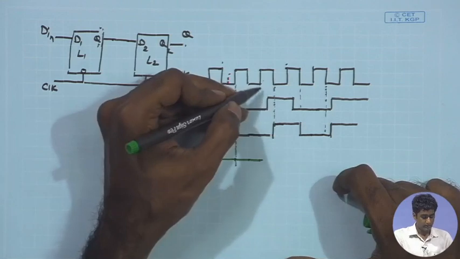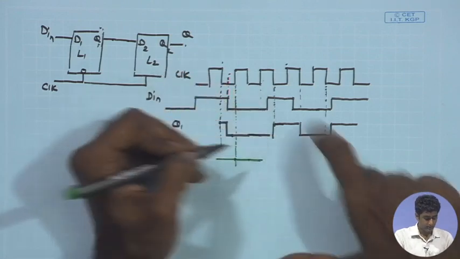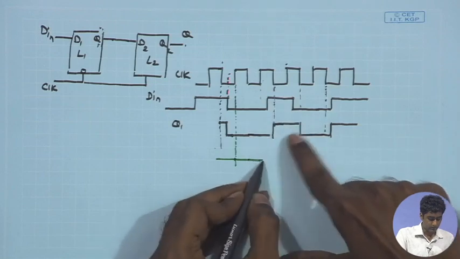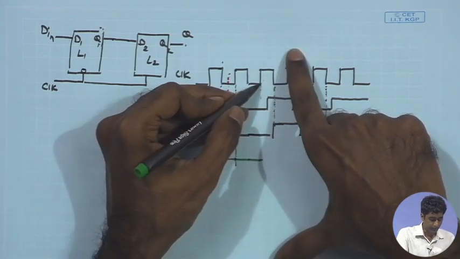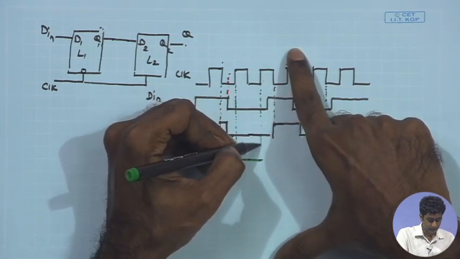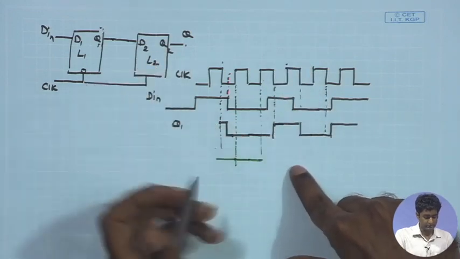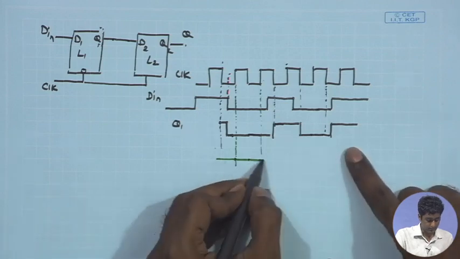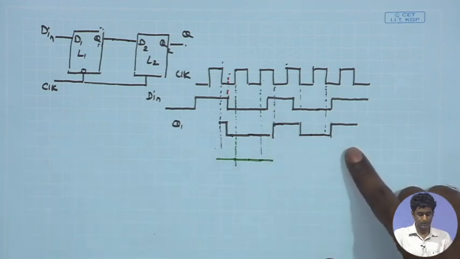Now, if I look at the next positive phase of the clock, once again the Q1 is 0. So, once again after this instance, the L2 is becoming transparent, Q1 input is remaining 0, and as a result it will also retain the same value.